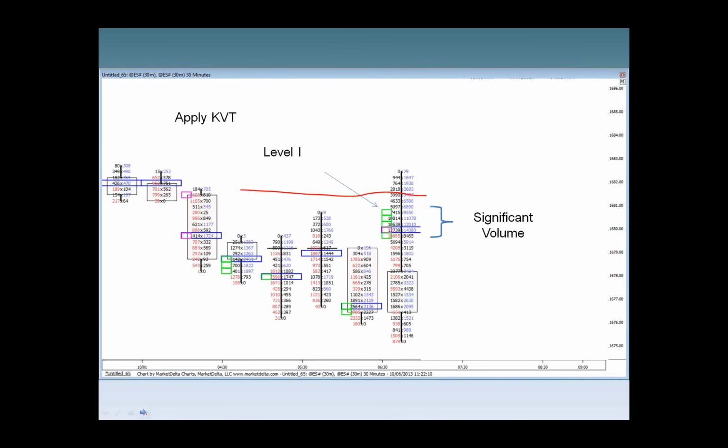Now, the level 1, as I highlighted earlier, is the green. The level 2, we have one of those here right at the volume point of control. That's the magenta. And by the way, you can change those colors as far as the settings go in MarketDelta or Investor RT. They allow you to do that. So if you don't like these colors, you can change them to any color you want.